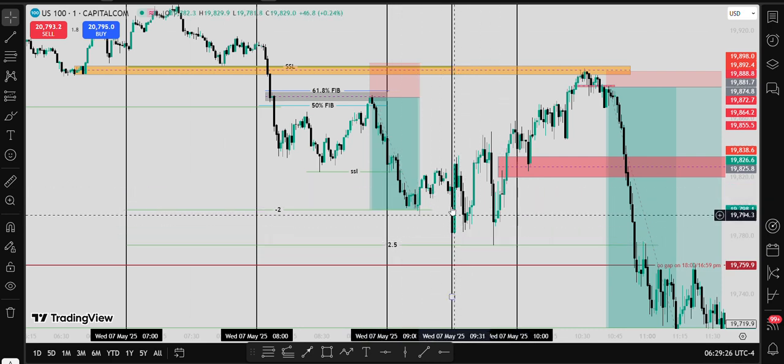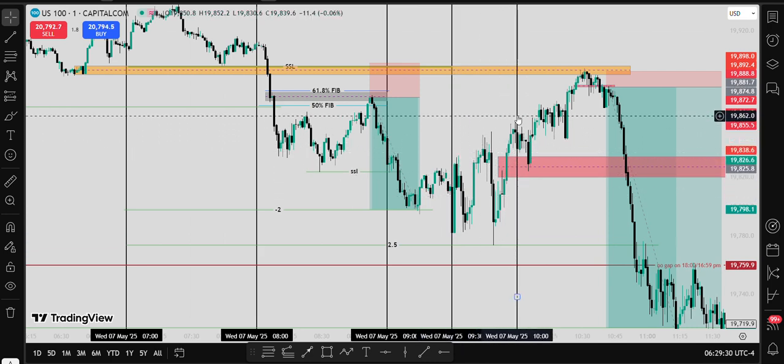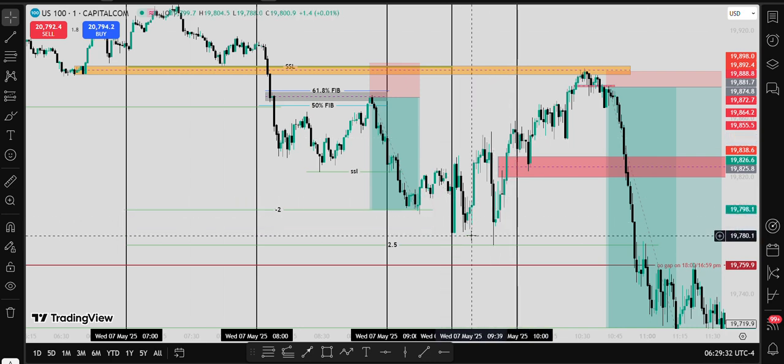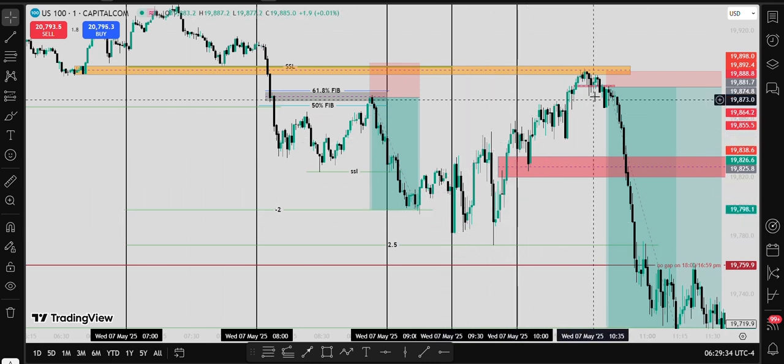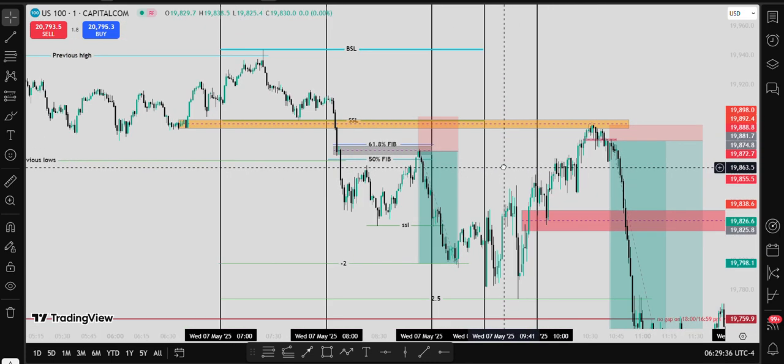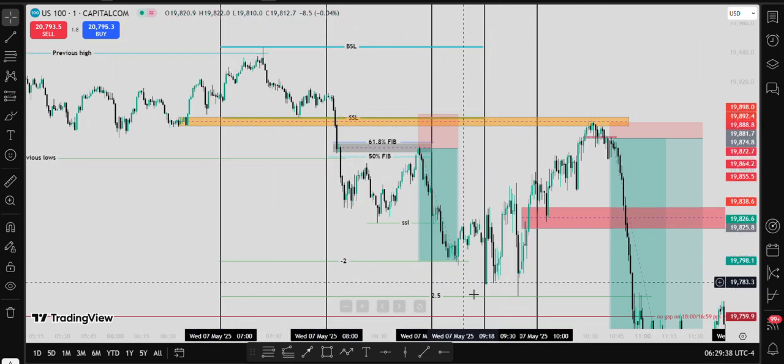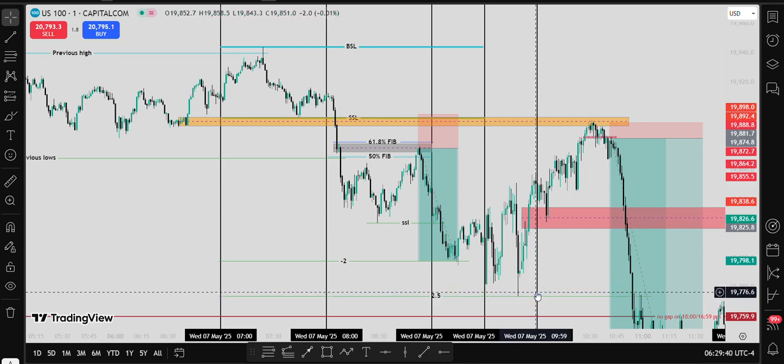After that, the market opens between 9:30 and 10:30, where we had a very big retracement from the first move from 7 a.m. to around 10.